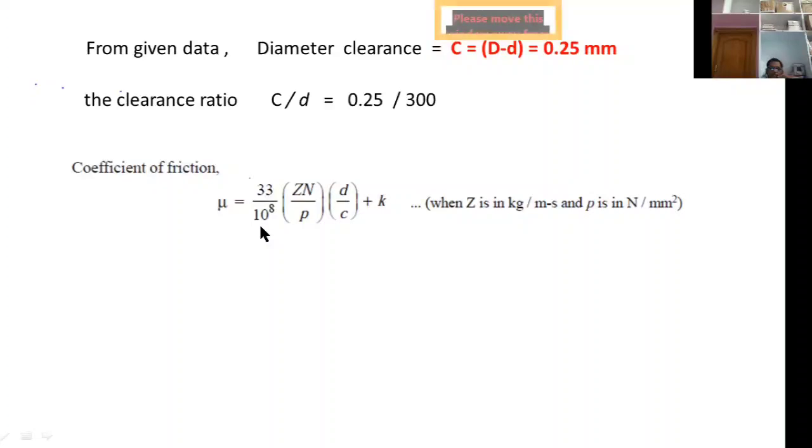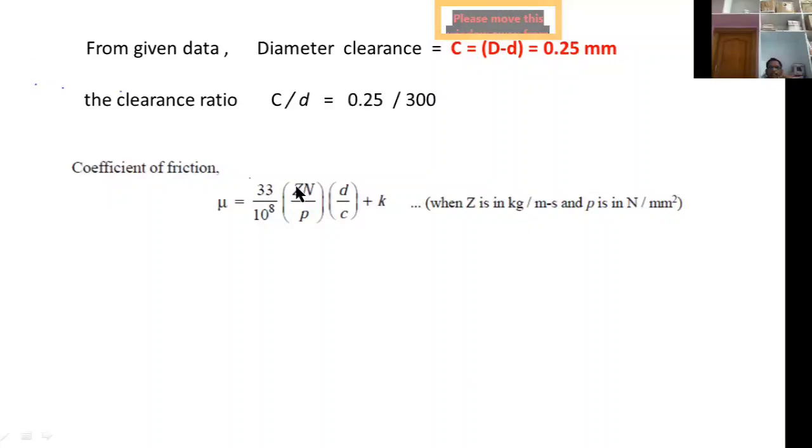Then after you have to use the mathematical expression for the coefficient of friction, that is mu equal to 33 by 10 power 8 into Zn by P into D by C plus K. By using this formula, you have to find the value of the coefficient of friction.